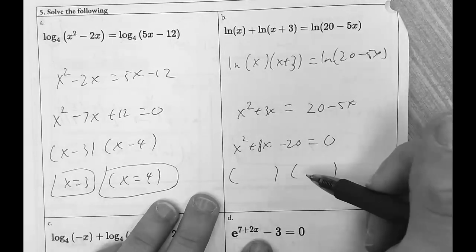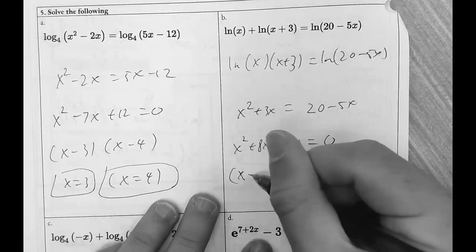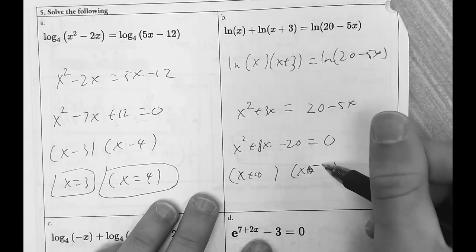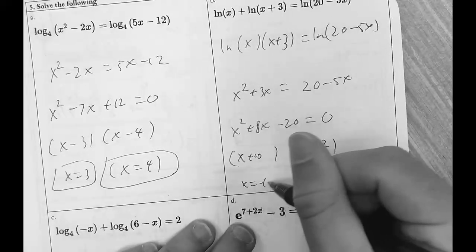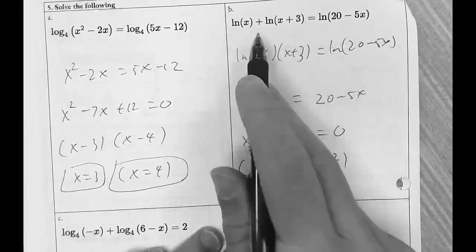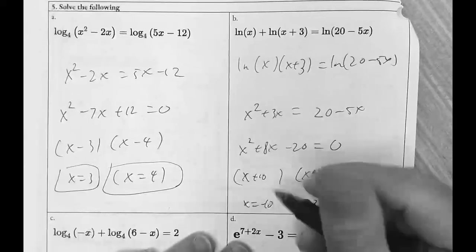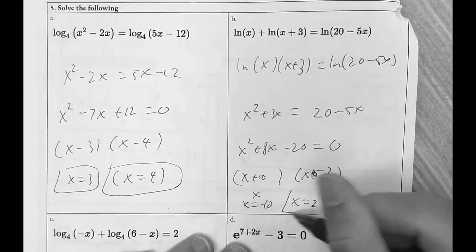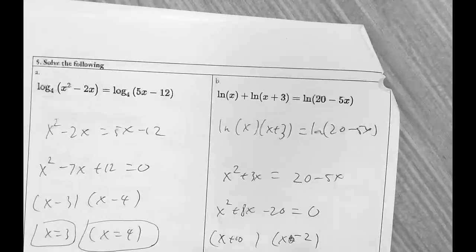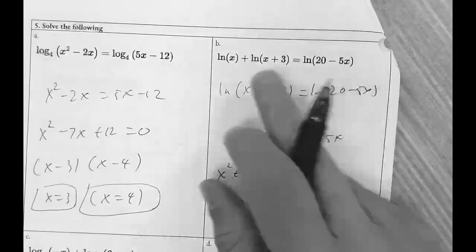Factors are going to be 10 and negative 2. X plus 10, x minus 2. So x equals negative 10 and x equals 2. So here, negative 10 is not going to work, right? When I plug it in, it's extraneous. So we don't include this one. X equals 2 is our answer. Okay, so make sure you check either one back into the equation. Make sure you don't get 0 or negative.